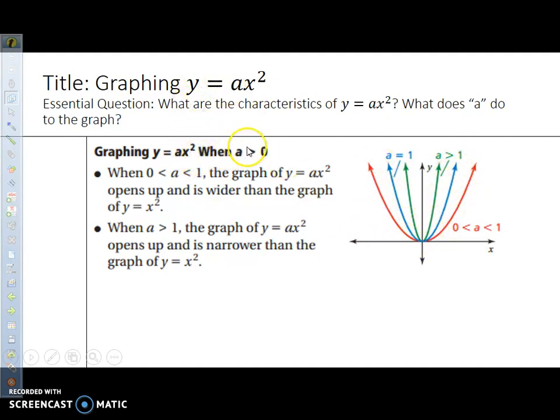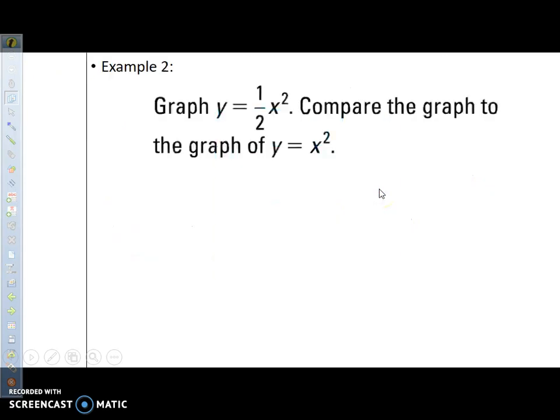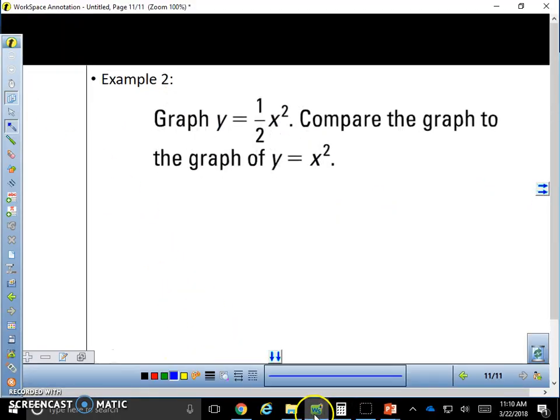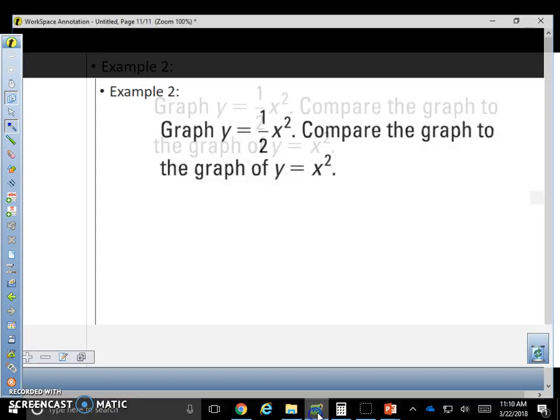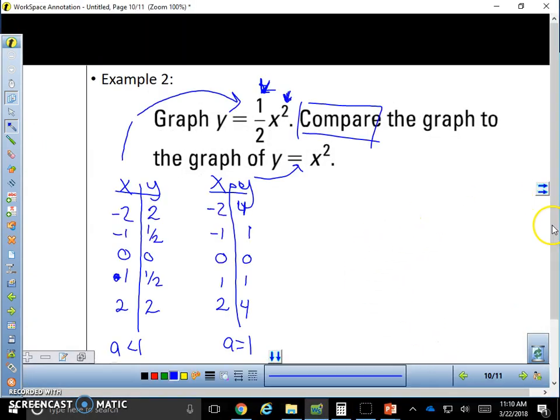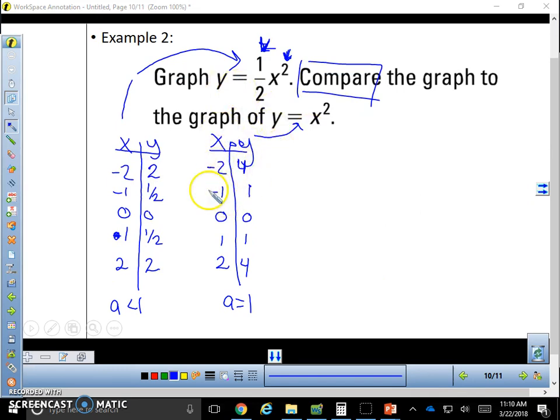When A is greater than 1, it gets skinnier. When A is less than 1, it gets wider. So we already know that we are looking here at something that is going to be wider.